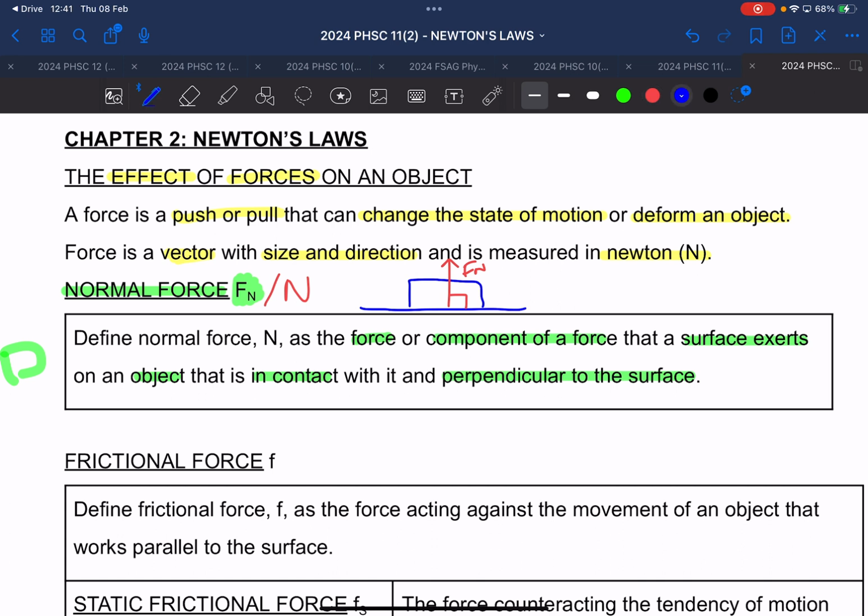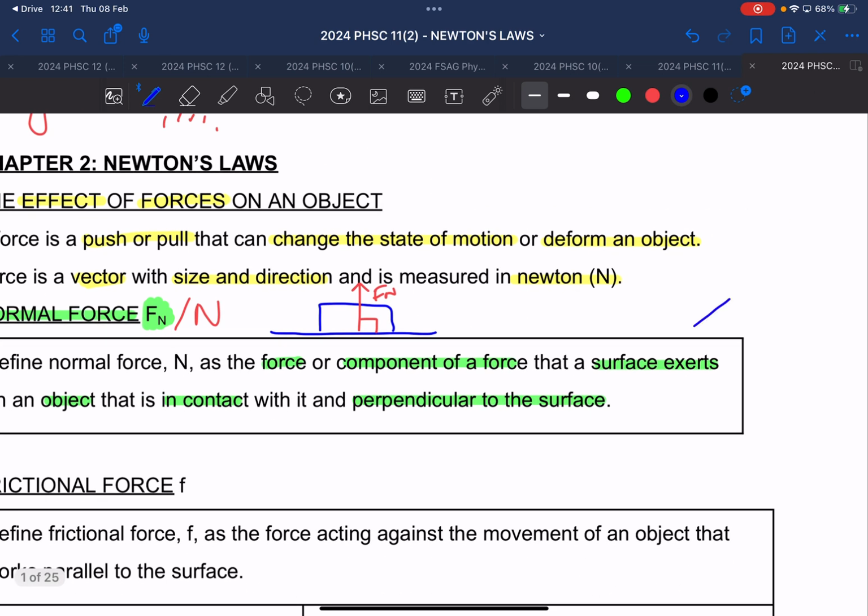Always said if we are at an inclined plane, like that, then there's a normal force that's perpendicular to the surface. So not towards the center of the earth, but perpendicular to the surface that is touching the object. If something is hanging on a string or on a rope, there's no normal force.